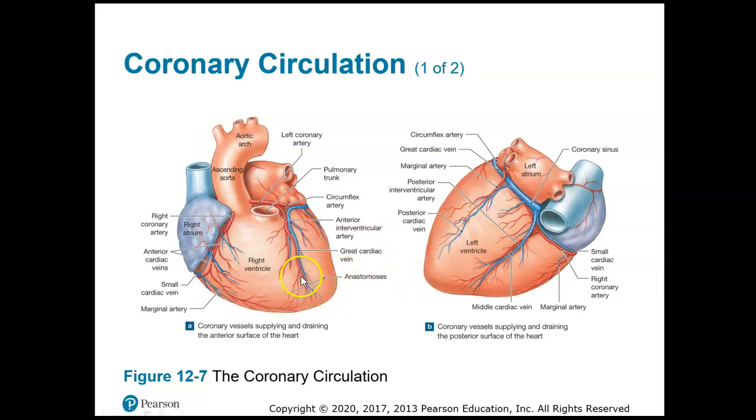So if blood wants to get from this point to this point over here, it can take this pathway, or it can take this pathway, or it can take an even more inferior pathway this way. So anastomoses create different pathways, and if there's a blockage, there's another route that the blood can take, and it's less chance that you're going to have a heart attack.